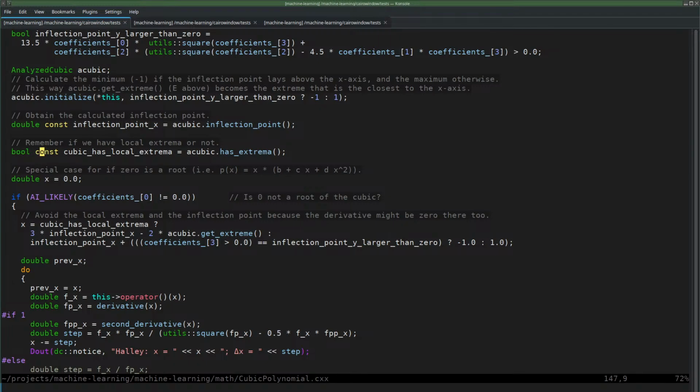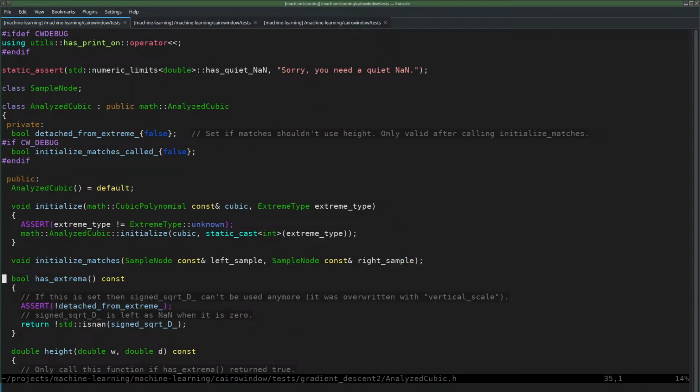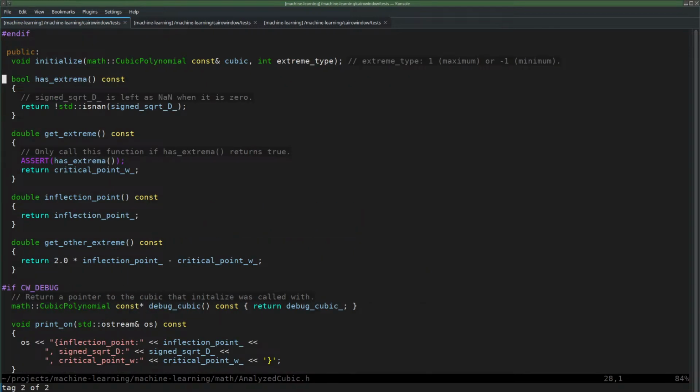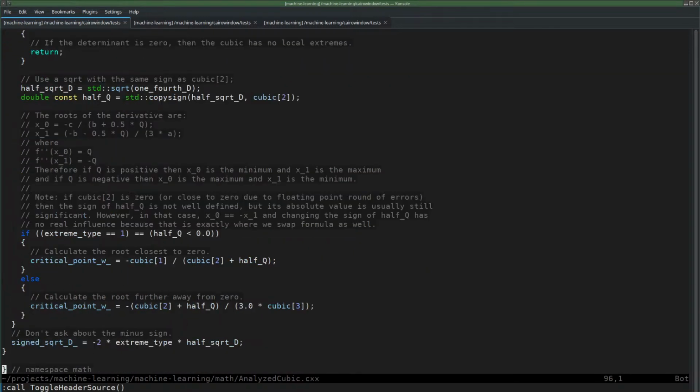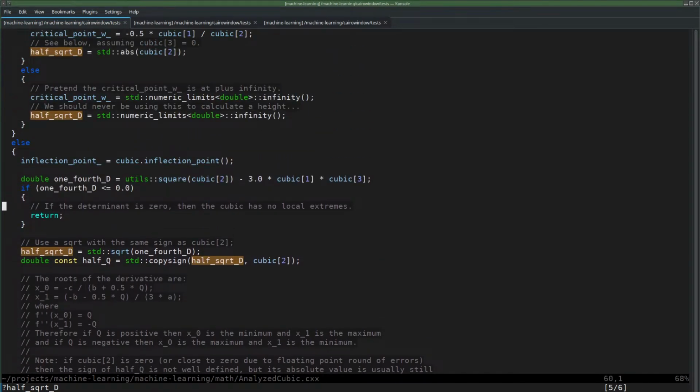So this must be true, which means that as extrema must return true, which means that the signed square root of d must be calculatable, which was calculated in here, which means that this must have been calculatable, which means that this must have been greater or equal 0.